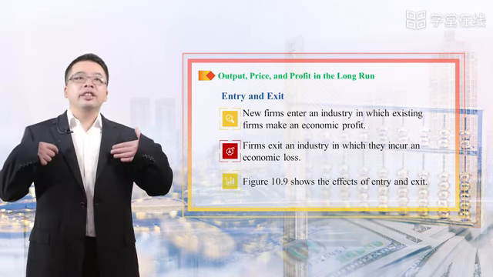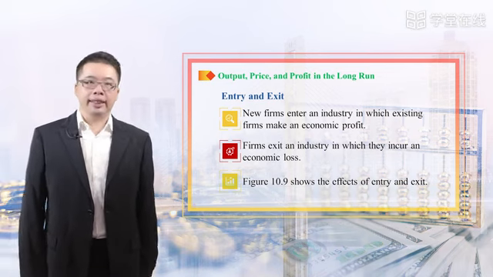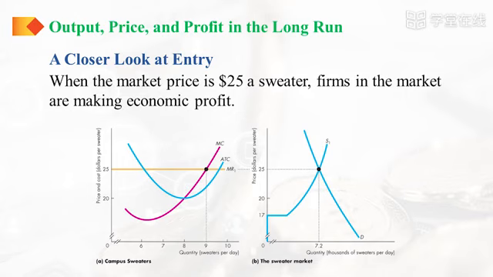Okay, so the following diagram 10.9 shows the effects of entry and exit. First of all, when the market price is $25 per sweater, given this market price, the average total cost is lower than 25. So the firms in the competitive market make economic profit, which will attract new firms to enter the market.